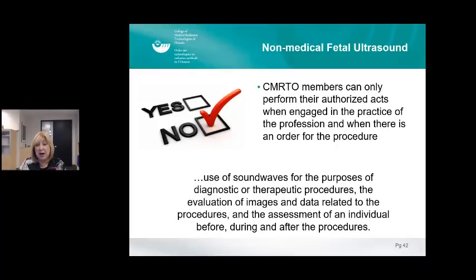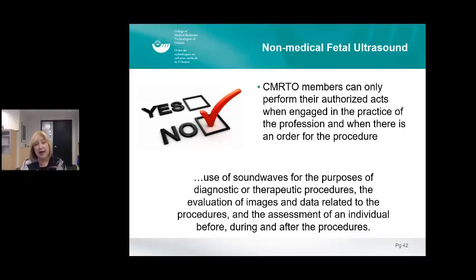So CMRTO members can only perform their authorized acts when engaged in the practice of the profession and when there is an order for the procedure. And of course, applying sound waves is an authorized act. And so the use of sound waves for the purposes of diagnostic or therapeutic procedures, the evaluation of images and data related to the procedures, and the assessment of the individual before, during, and after the procedures, that's the scope of practice statement.